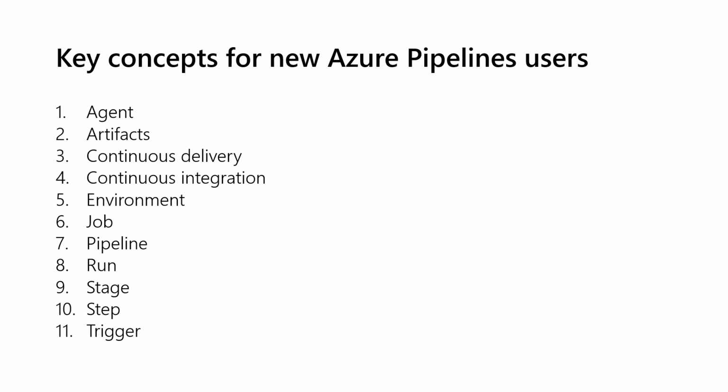Continuous delivery (CD) is a process by which code is built, tested, and deployed to one or more test and production stages. Deploying and testing in multiple stages helps drive quality.